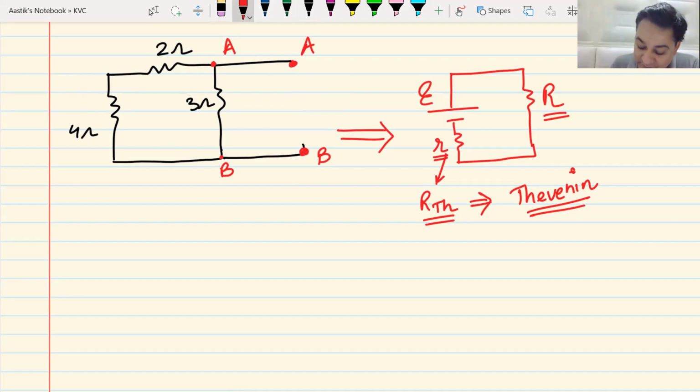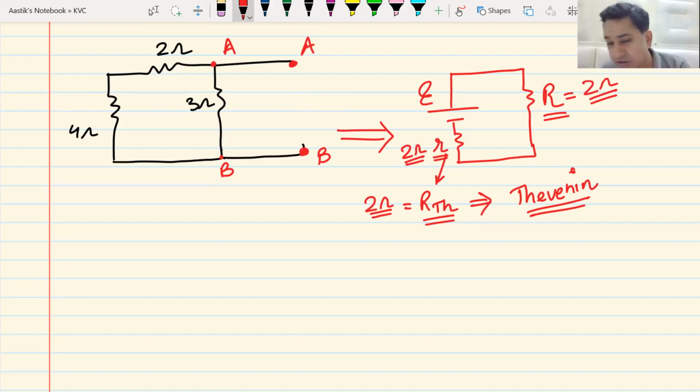So this equivalent Thevenin resistance becomes the parallel of 6 and 3, which is 2 ohms. Do we understand this, bacha? Yes, sir. So R Thevenin is 2 ohms. Therefore, this resistance would be 2 ohms.